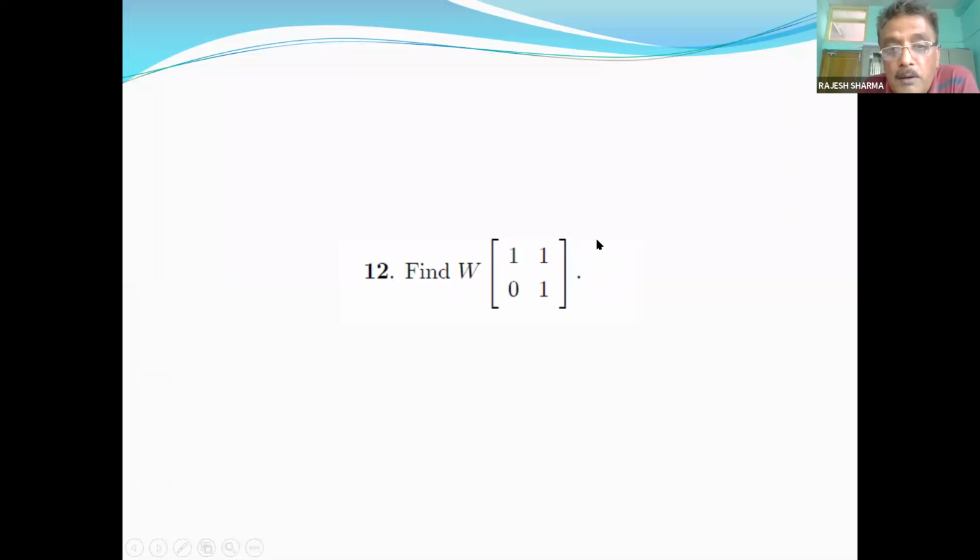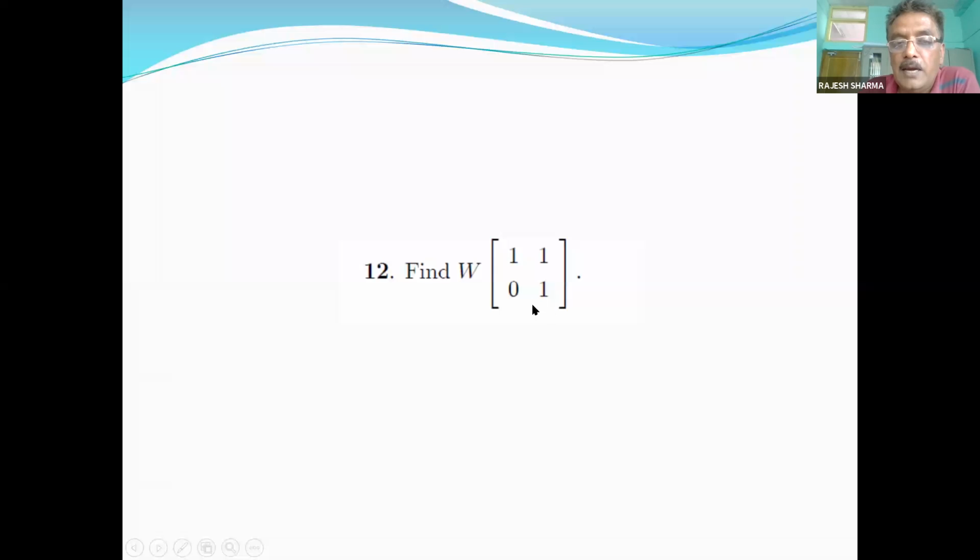Yes, good. Also, we can calculate now. To find the numerical range, we have already discussed the numerical range of 2 by 2 matrices. We can discuss it from that point of view. Eigenvalues are the same. So the numerical range is going to be, as we discussed in the first talk, a disk if the eigenvalues are the same.